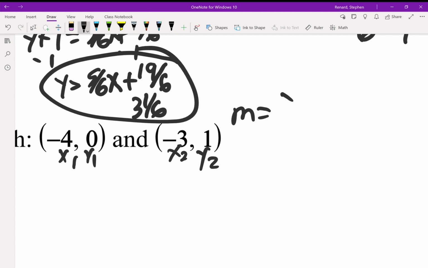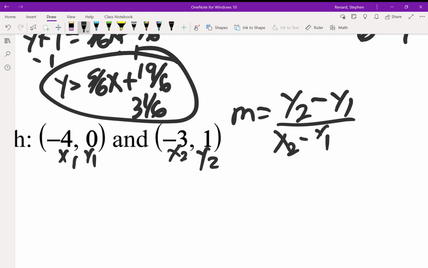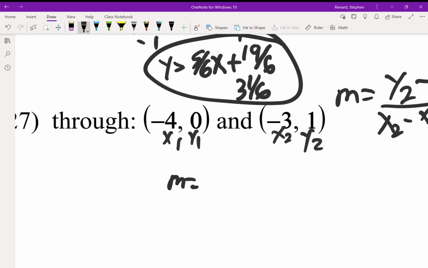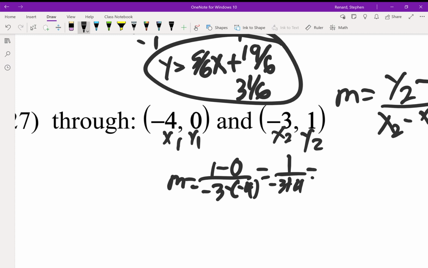Remember, slope is the difference in y over the difference in x. So our slope here is going to be 1 minus 0 over negative 3 minus a negative 4. So that's 1 over negative 3 plus 4, which is 1/1, which is 1.